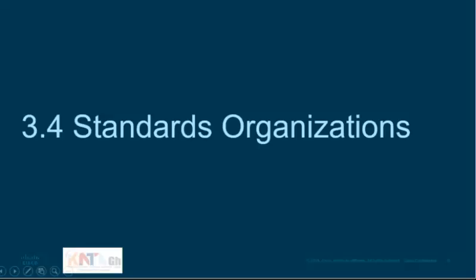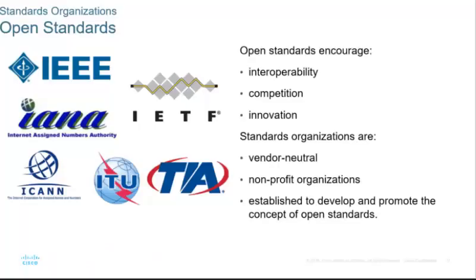We want to look at standards organizations. Standards are specifications that have to be followed by manufacturers to improve interoperability. When we talk about interoperability, we mean that different vendor components will be able to operate together.